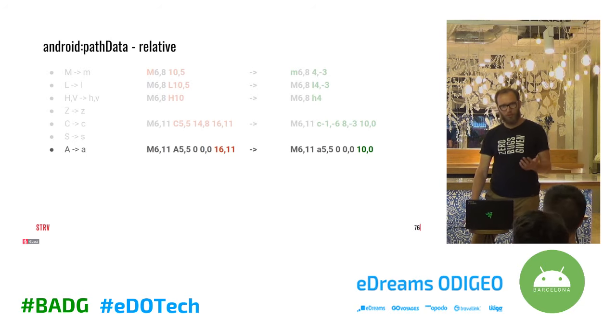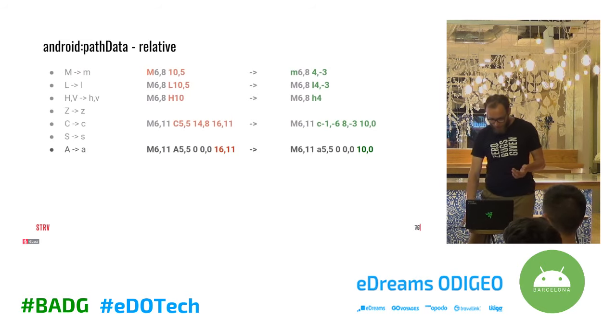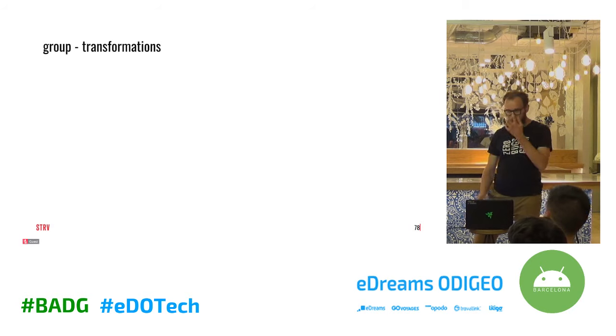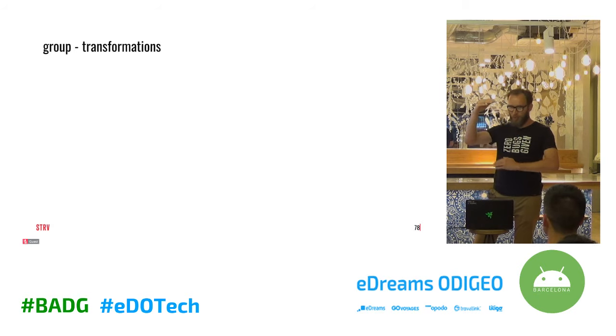Okay, so those were all of the commands that are mostly used or can be mostly seen. And now if you have a group, so you put a path into a parent, you create a group. You can have even multiple paths within the group.